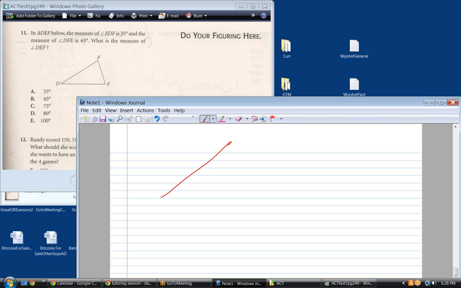So if I draw a picture of it, I get 35 there, 65 there. They want to know what x is. Well, all triangles have to be 180. Okay, so you do 65 plus 35. That's 100 even, so it's just 80. 80 is the answer.